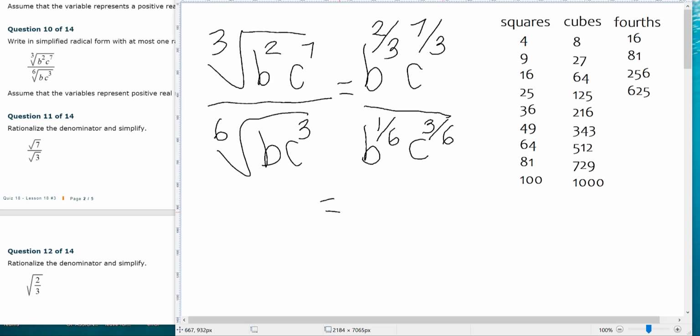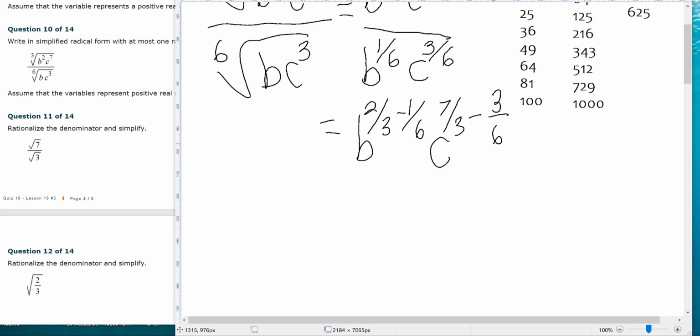Now, because I have division, it's going to be b to the 2/3 minus 1/6 and c to the 7/3 minus, and I can put it as 3/6 or I can put it as 1/2. I'm going to leave it as 3/6.